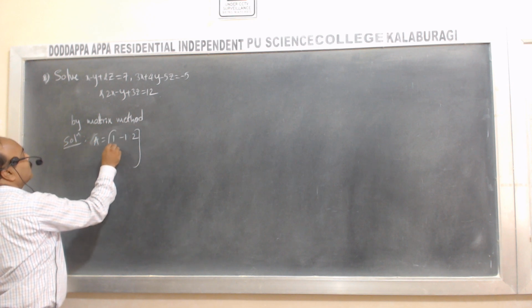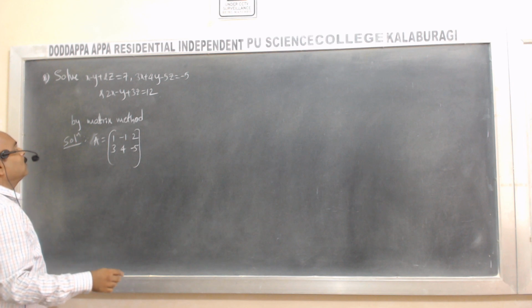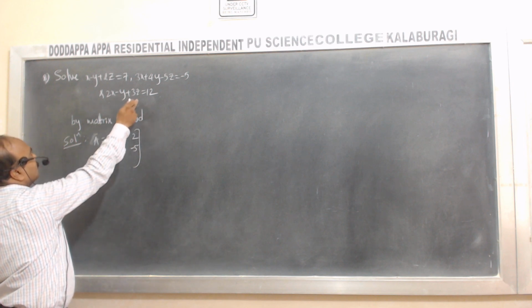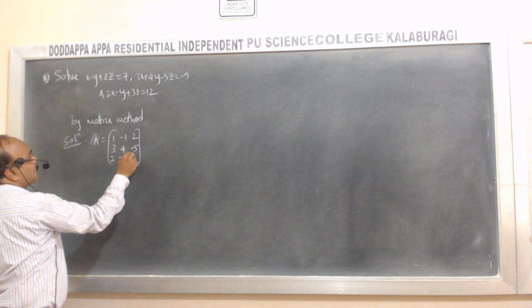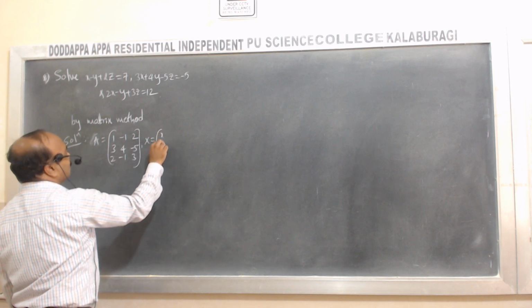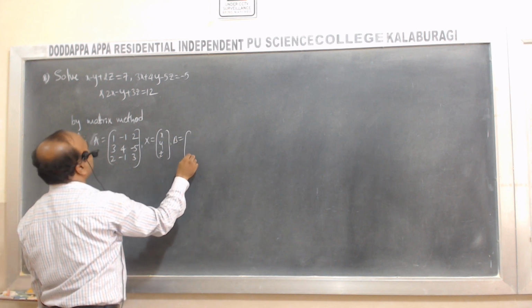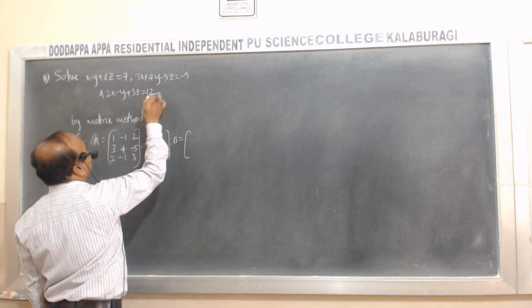The second row has coefficients 3, 4, minus 5, and the third row is the coefficients of the third linear equation, that is 2 minus 1 3. Next X equal to x y z, because three variables, and the constant matrix B is 7 minus 5 12.